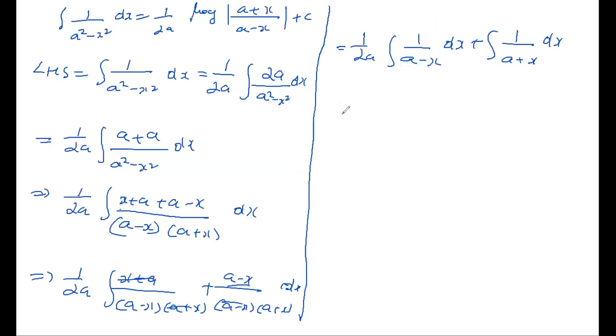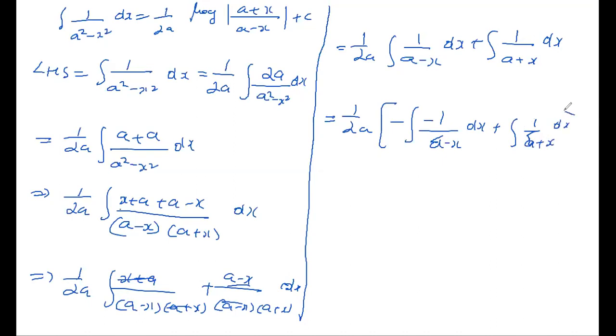What I'm doing now, 1 by 2a into, I'm writing as minus of minus 1 divided by a minus x dx plus, the differentiation of a plus x is 1, which is there in the numerator, no need to change anything, write down as it is, 1 by a plus x dx. Now what will the answer be?